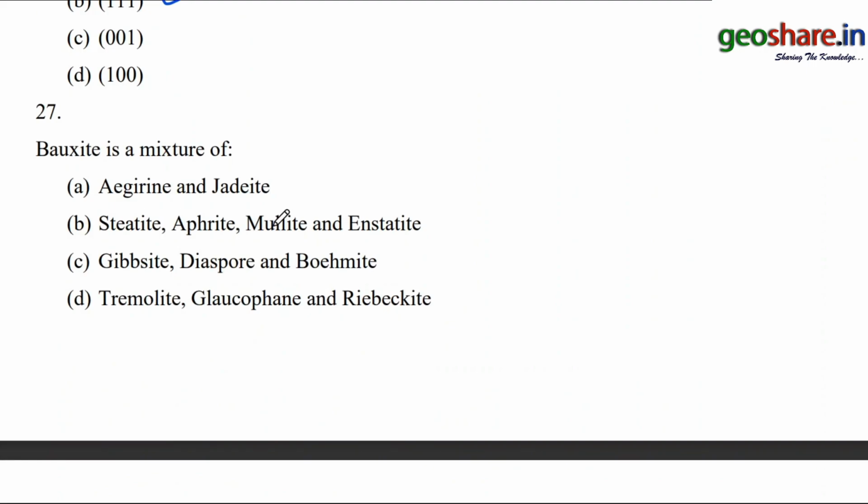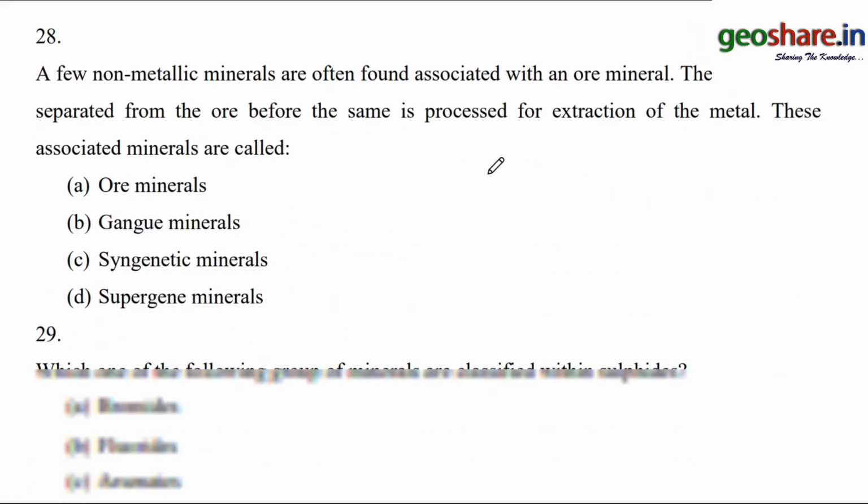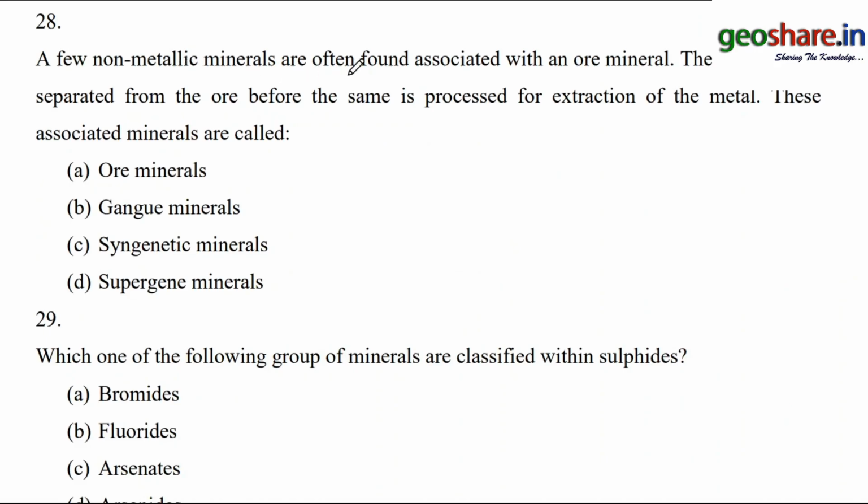Bauxite is a mixture of gibbsite, diaspore and boehmite.